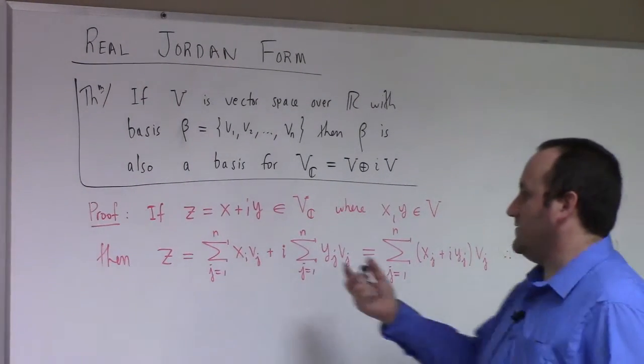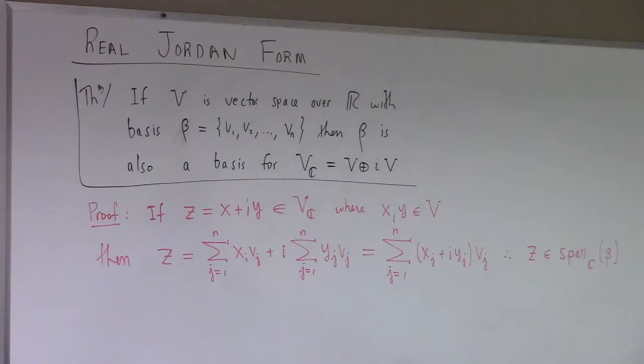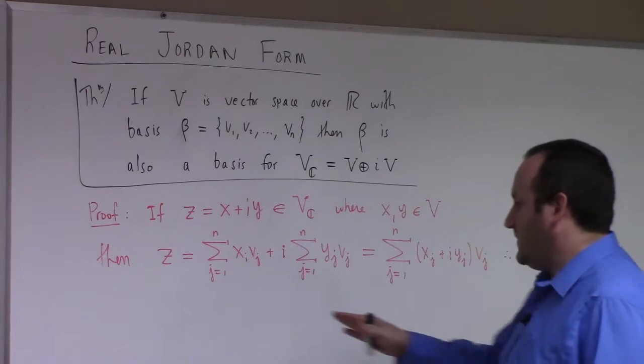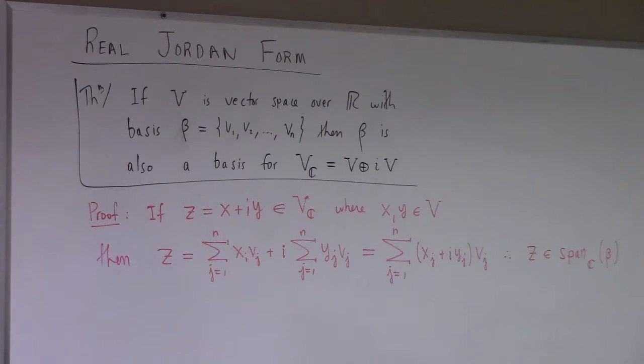Basically, you just say, okay, look at something in the complexification, which has the form x plus iy, as I explained last time, why that makes sense. We explained how to construct that. And, well, if x is in V and y is in V, that means that I can expand both x and y in terms of the basis for V, right?